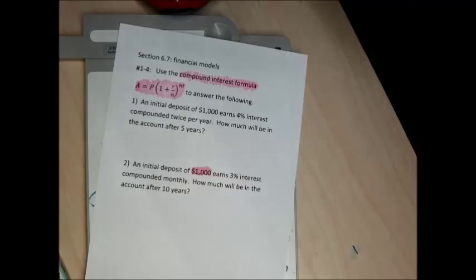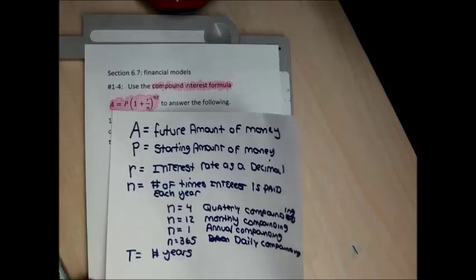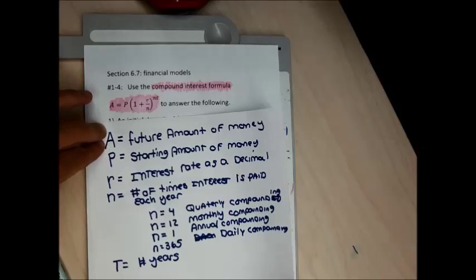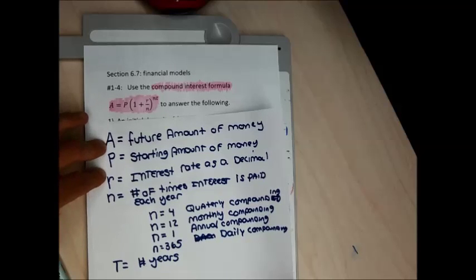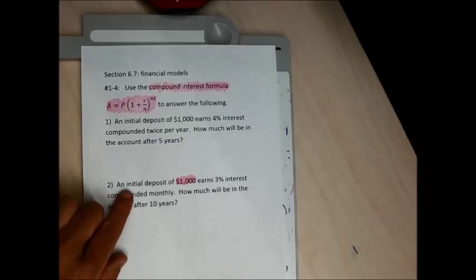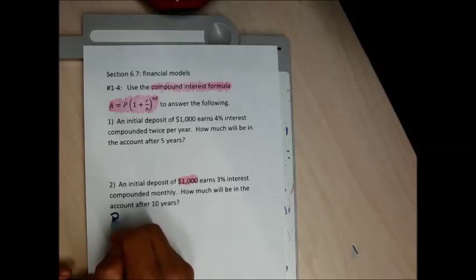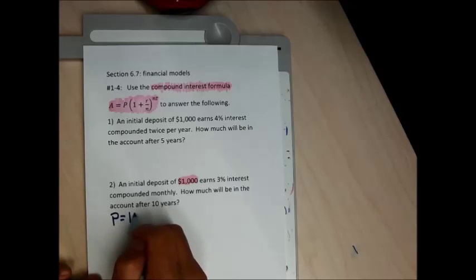That's a dollar amount. And in my formula, there's 2 letters for dollar amounts. A is the future amount of money. P is the starting amount of money. As I read through this, it says how much will, and it says an initial deposit. So that 1,000, I'm assuming, is going to be a P, because initial seems like a starting amount to me.